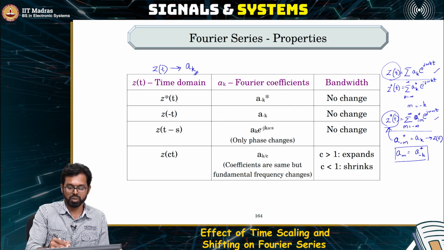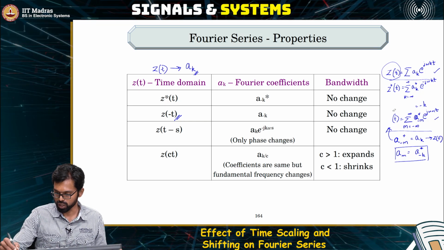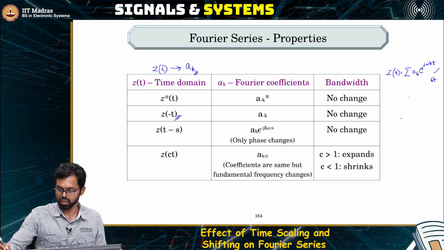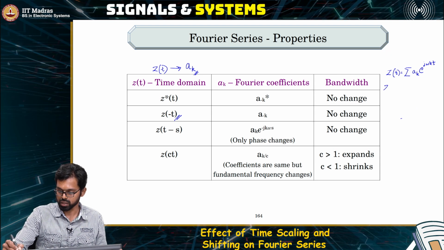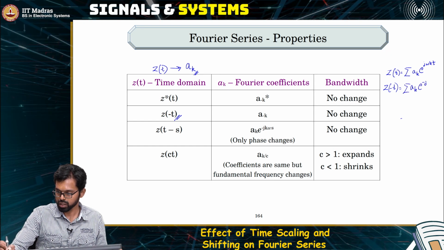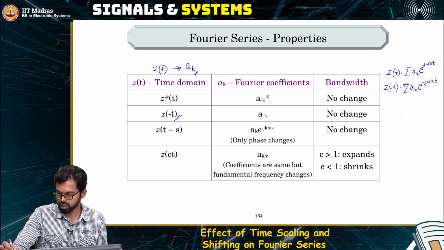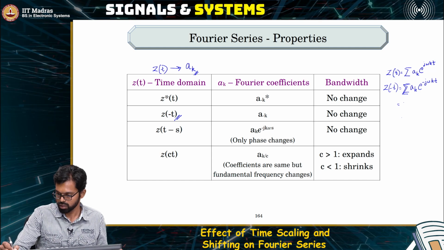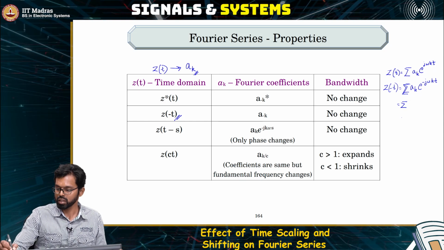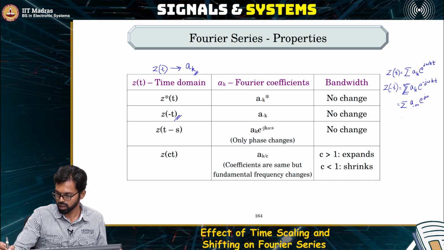Now what happens if you actually do time reversal? It is very simple to analyze. We just replace t with minus t. So z of minus t is equal to the sum of a_k e power minus j omega k t. We do the same thing as before, replacing this index with m, that is, m is equal to minus k, then we have a minus m e power j omega m t.